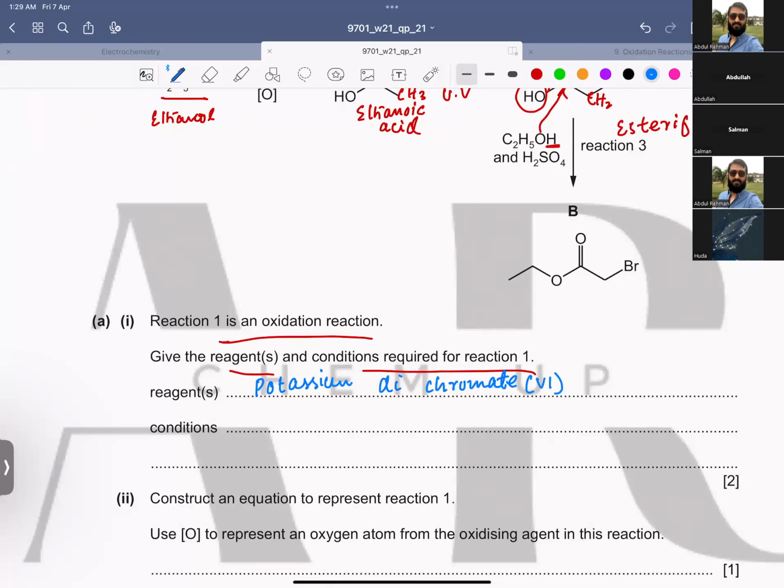So I would write in conditions: acidified, and heat under reflux. Is this clear?